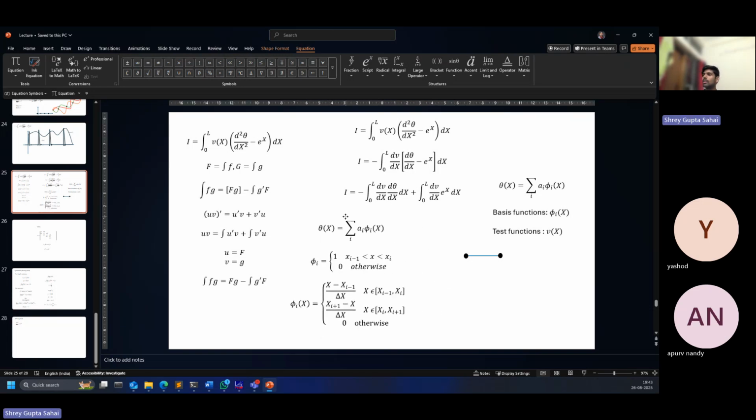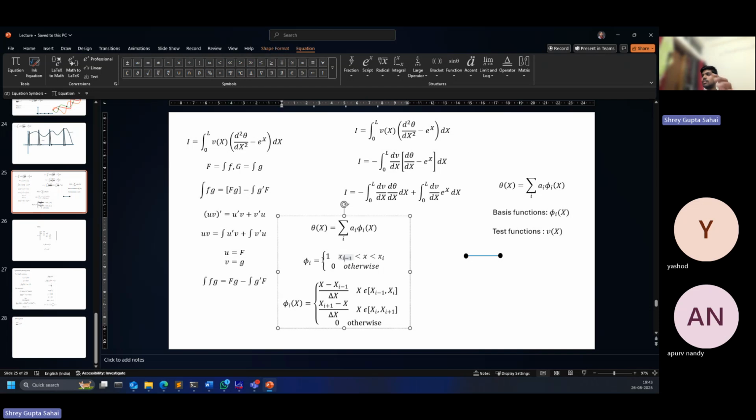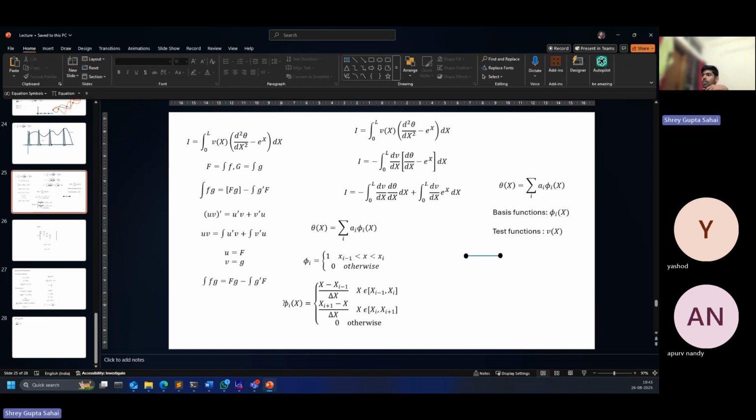In contrast to how our piecewise continuous function was looking, how does this function look? Let me draw that. For that, I will also need another element, so I need two elements. This function actually spans across two elements.